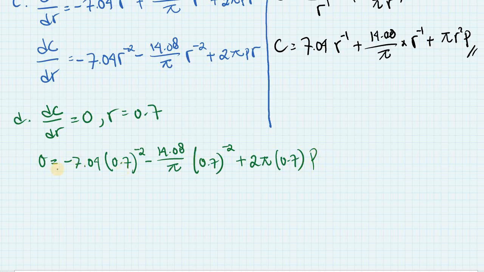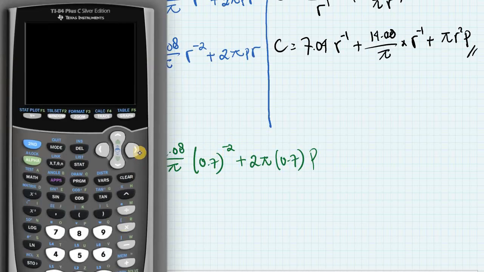because we don't know the p yet, so 0 is equal to, okay, let's calculate this one, negative 7.04 times 0.7 to the power of negative 2 minus 14.08 divided by pi times 0.7 to the power of negative 2. Let's calculate all of this on our calculator.